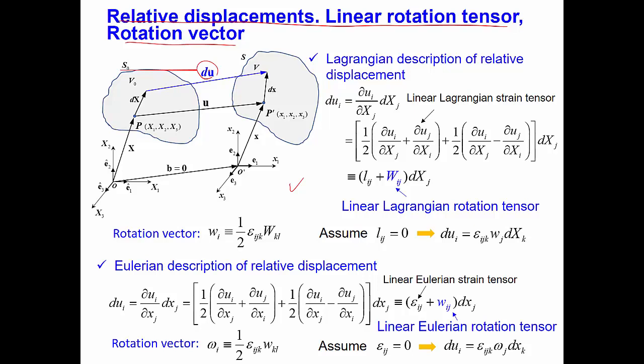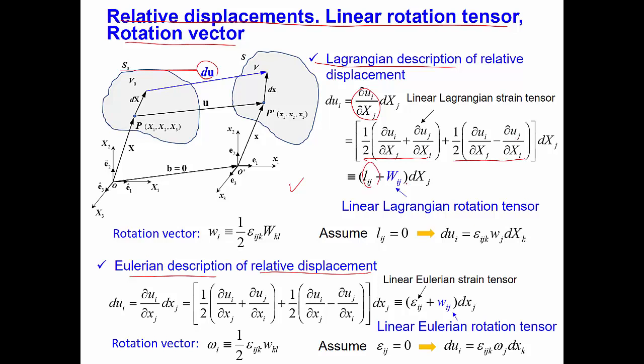Now we are going to express it in mathematical descriptions, that is Lagrangian and Eulerian descriptions of the relative displacement. Partial ui, partial xj, that is the material displacement gradient, can be decomposed into two terms.